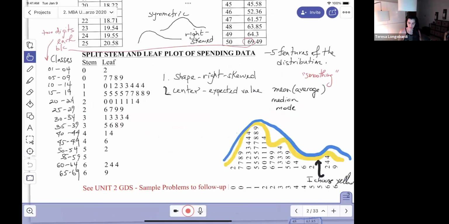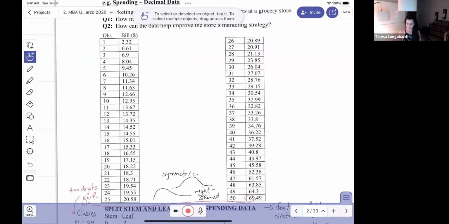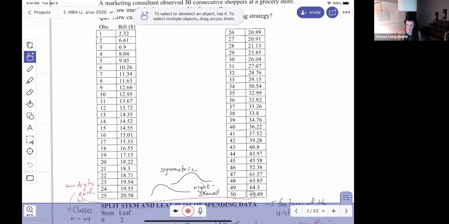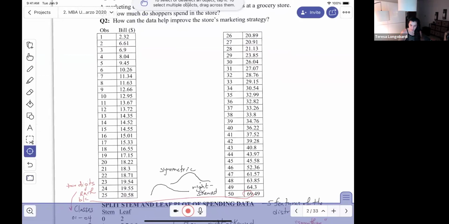So here's the data. Where is the middle of the data? Which is the middle observation? Which is the observation that divides the data in half? We have 25 observations here and 25 observations here. So which is the middle observation?